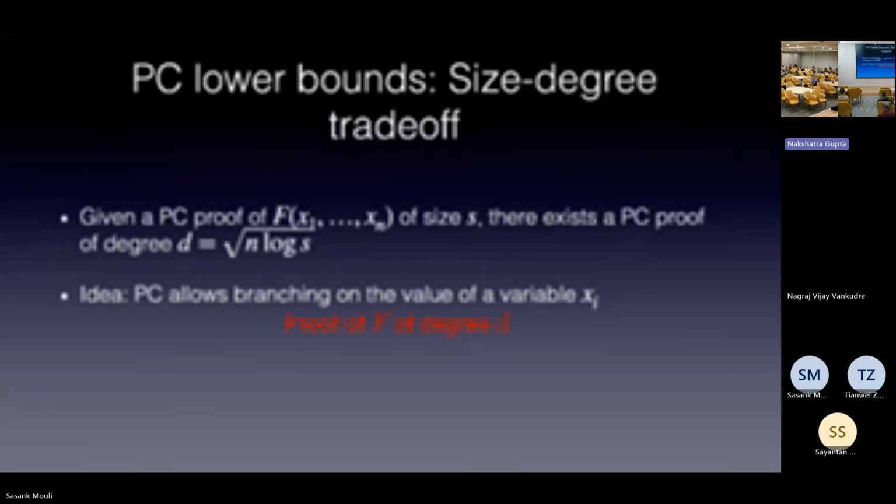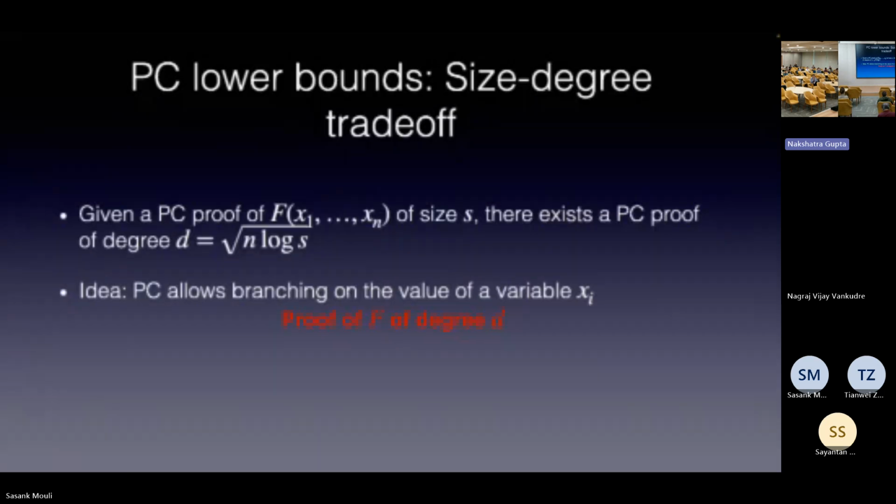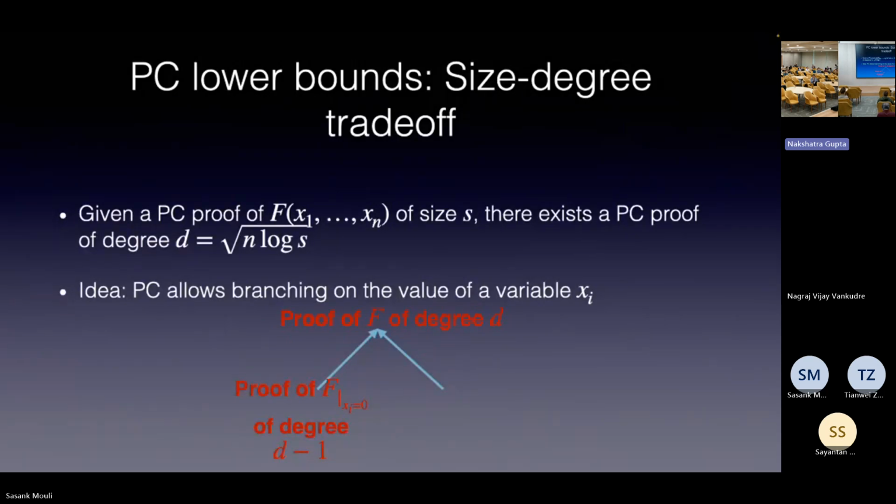Let's say I want to come up with a proof of a formula f of degree d. Then you can simplify the problem into two branches, where you pick some arbitrary variable xi and come up with a proof of degree d minus 1 of this formula f at x equal to 0.